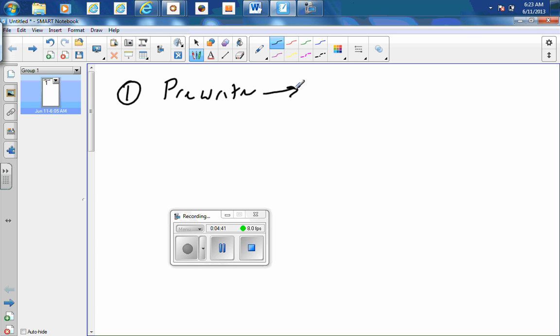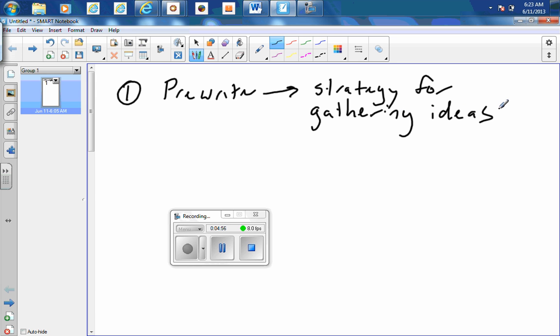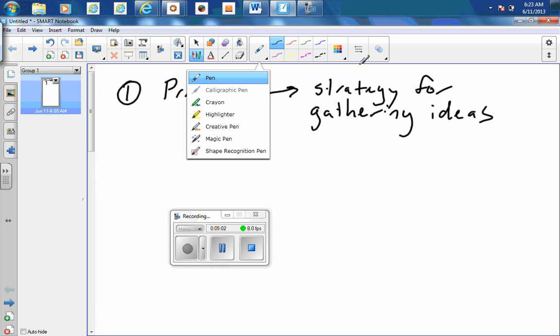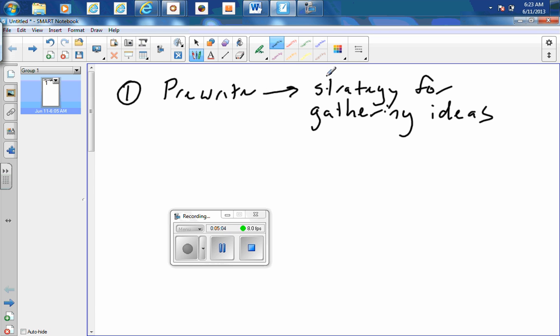A pre-write means you do a strategy for gathering ideas. The most important word here, and I'll be very, very honest on this, is in fact this part right here.